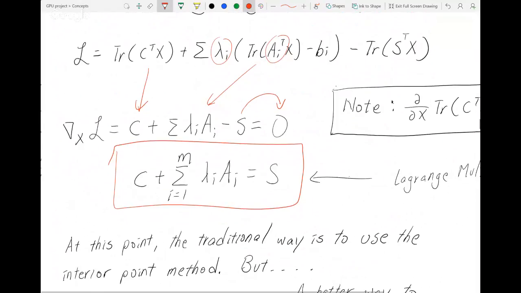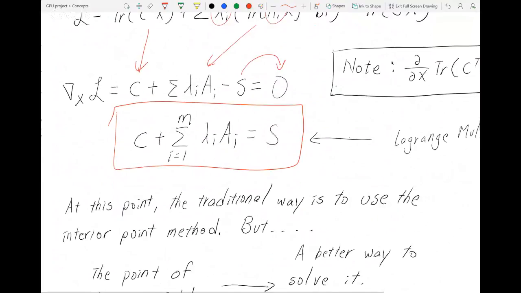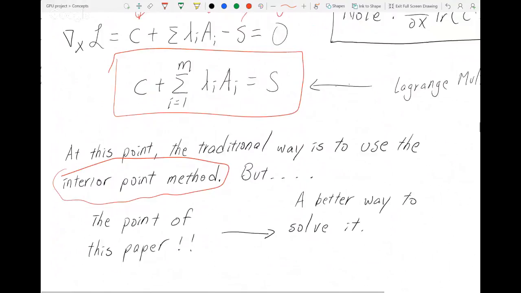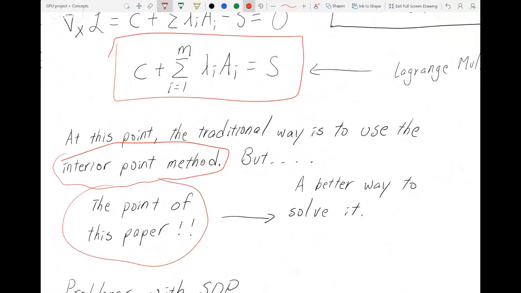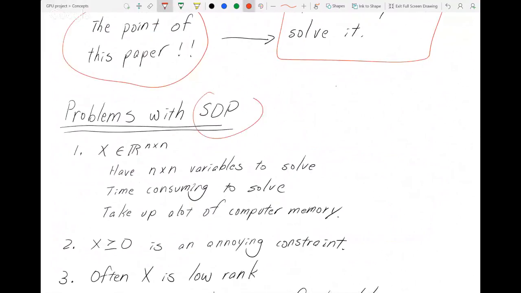Okay? At this point, the traditional way is we can use this thing called the interior point method. But the point of this paper is to say that there is a better way to solve it. Problems with solving a traditional semi-definite programming problem: if you try to solve for X, well, X is n by n, so it's pretty big.